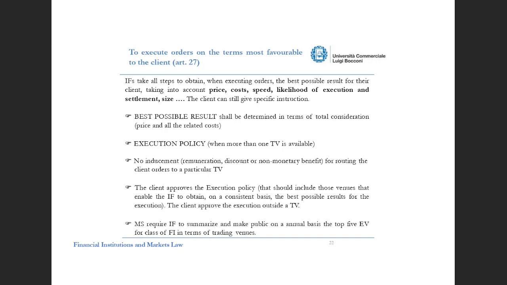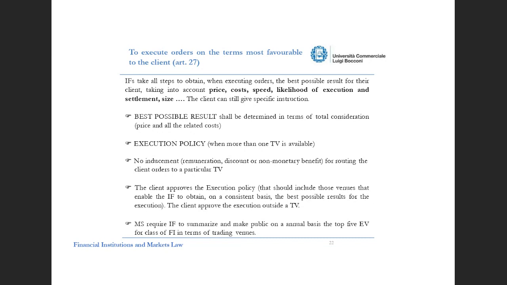Okay, so in executing an order, investment firms, as a principle for retail clients, must ensure that they execute the order at the best available conditions. And how do you define the best available conditions? Well, Article 27 tells us you have to take into account the overall cost of the transaction and other factors such as speed, likelihood of execution, settlement, and size.